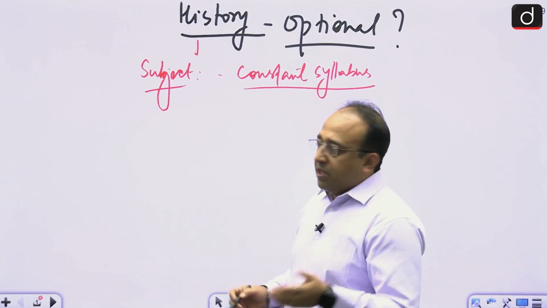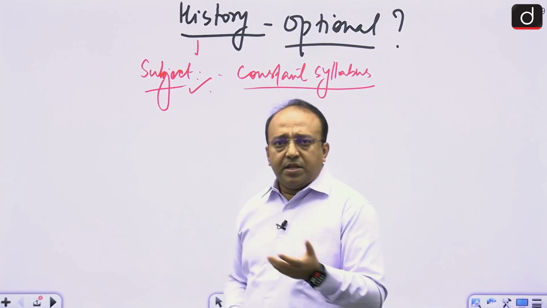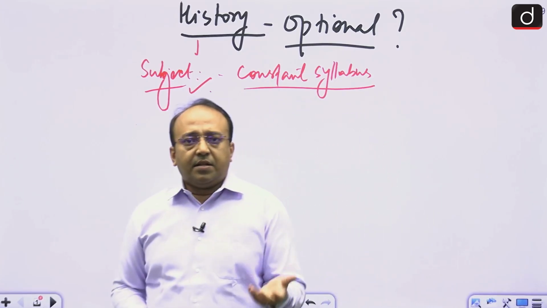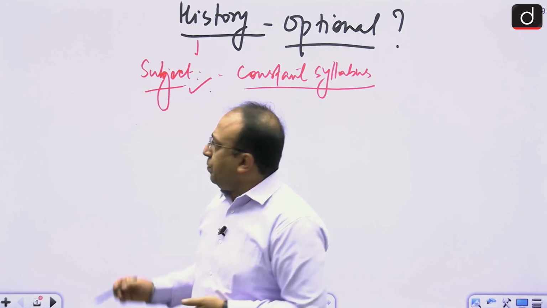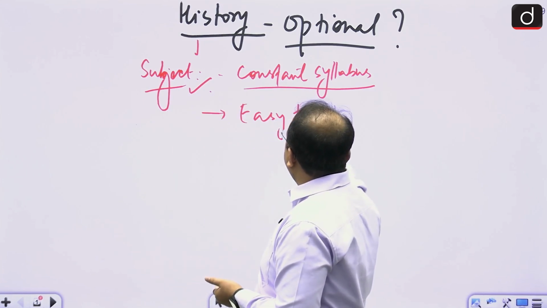See, the subject of history is first of all constant, the content of the syllabus is constant, and since the content is constant, it is easier for you to prepare it in one go. So, it is easy to prepare.